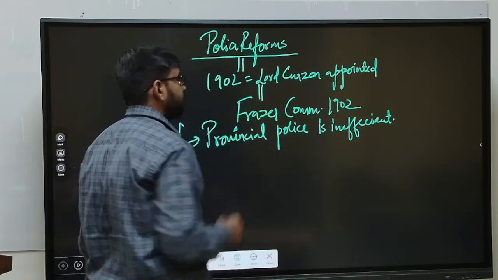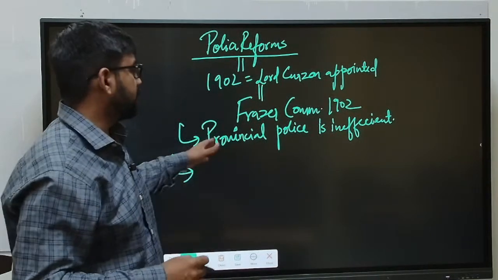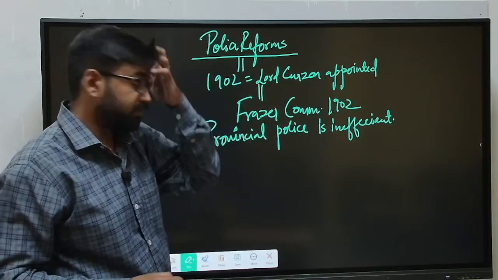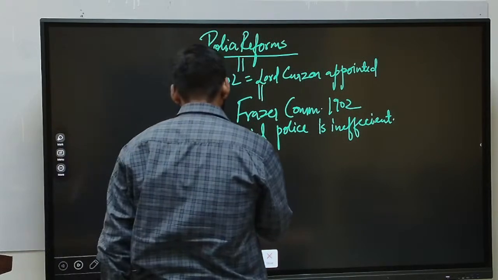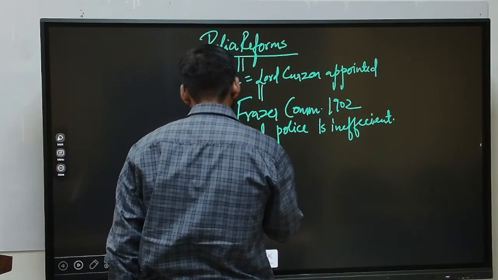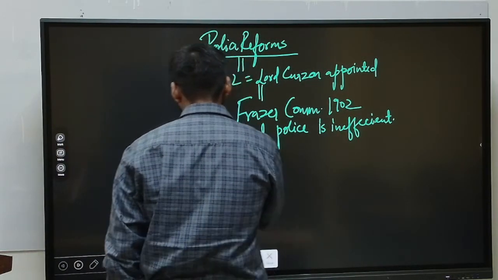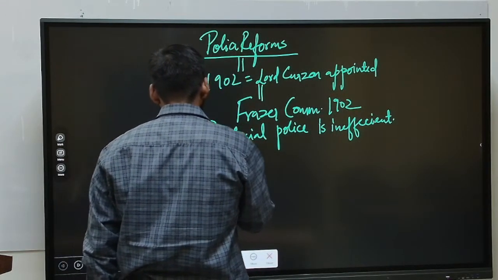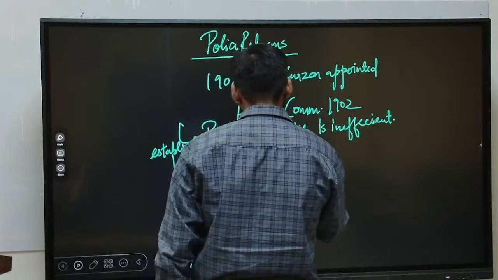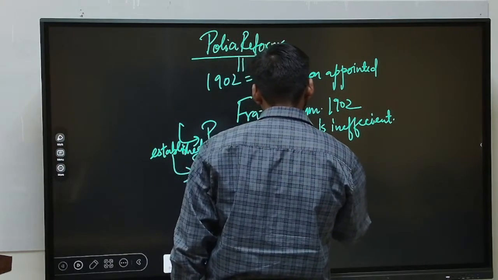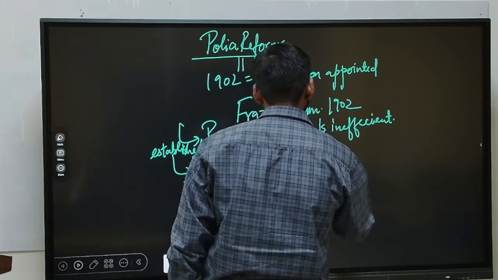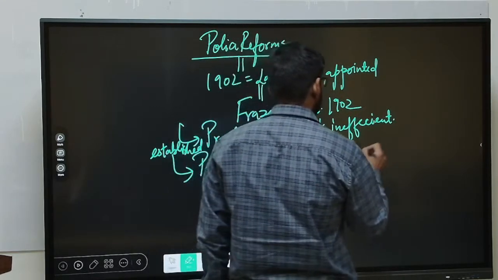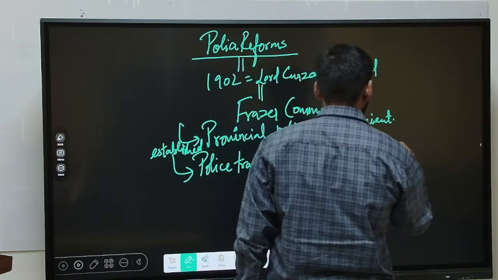So the Fraser Commission said that provincial police is inefficient, so we need to establish police training institutes. So this established police training institutes for officers as well as constables.